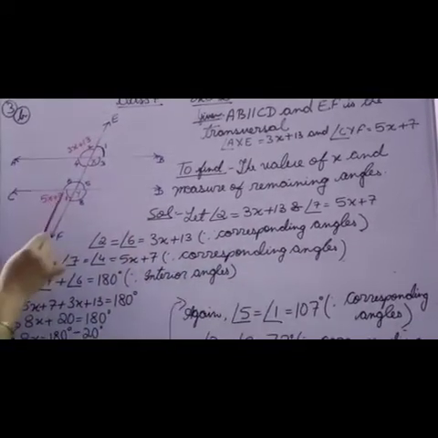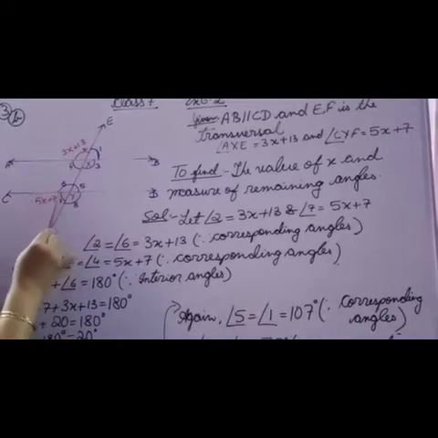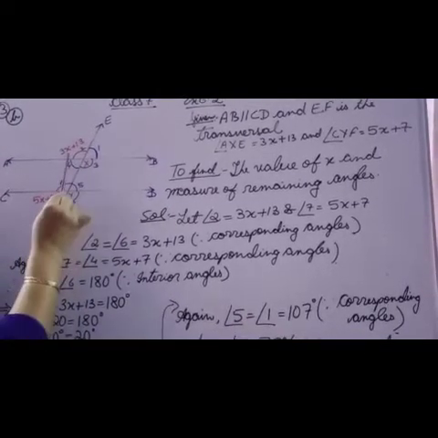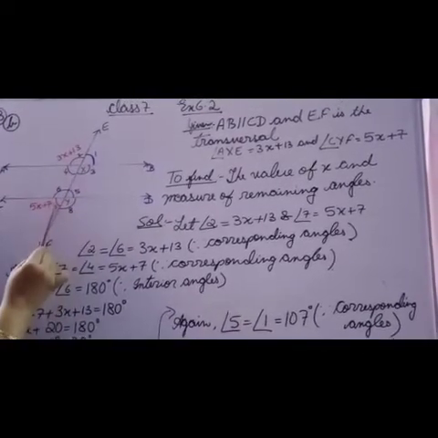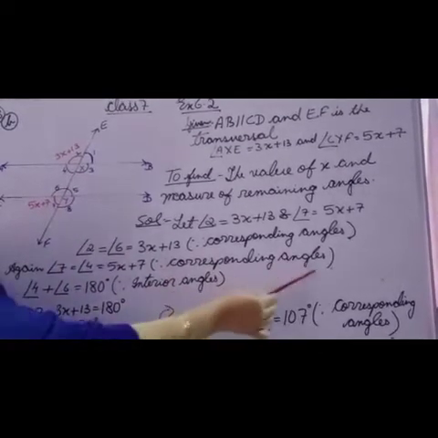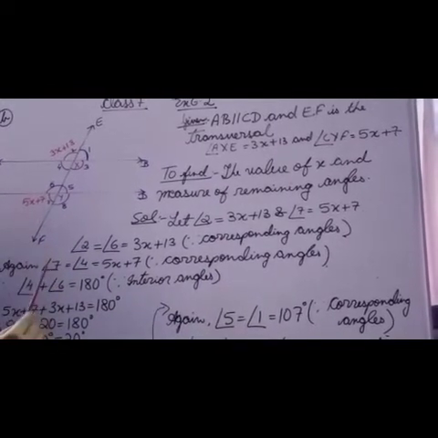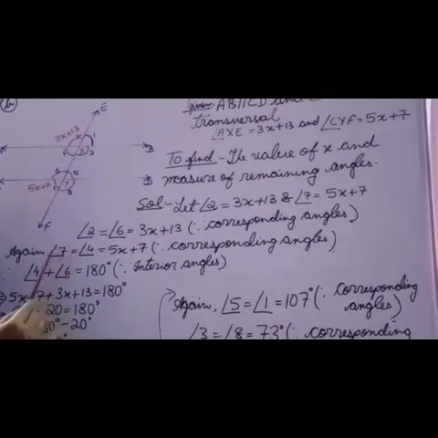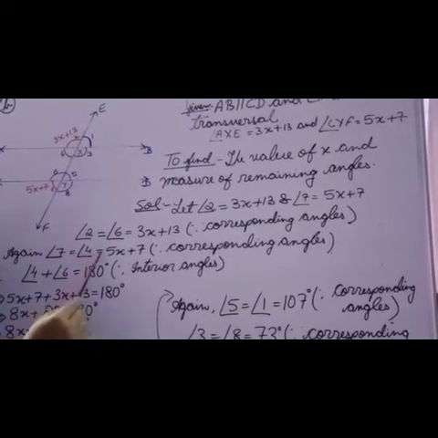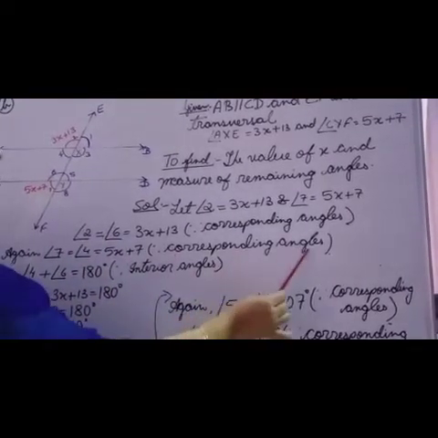Now again angle 7. This angle 7 is equals to angle 4, one exterior, one interior. Also why? Because they are corresponding angles, and angle 7 is equals to 5x plus 7. So angle 7 is equals to angle 4 is equals to 5x plus 7, since corresponding angles.